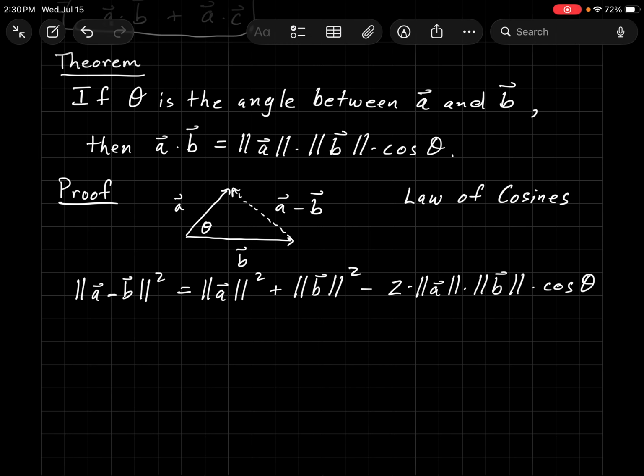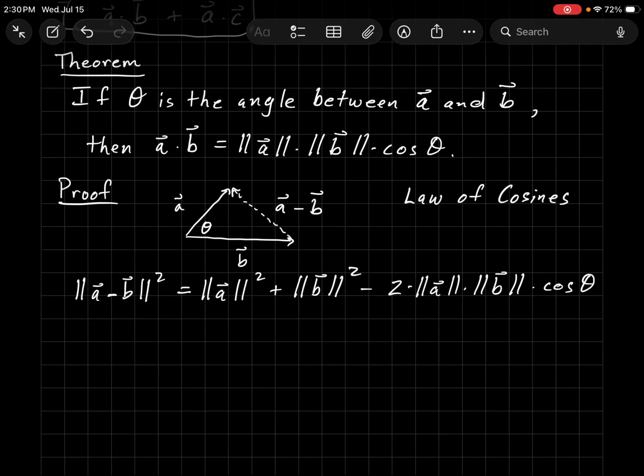This is the law of cosines in a triangle when we know 3 sides, or 2 adjacent sides and the angle between them. So how does this prove what we want up top?